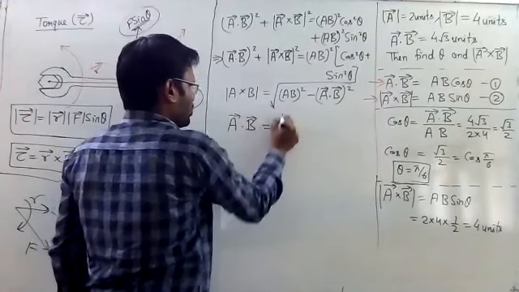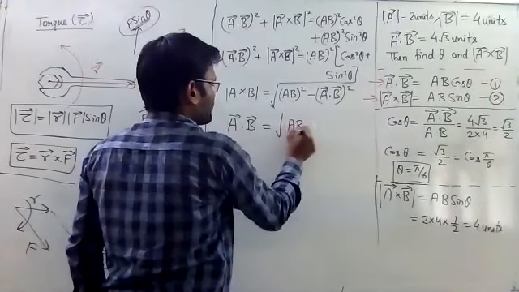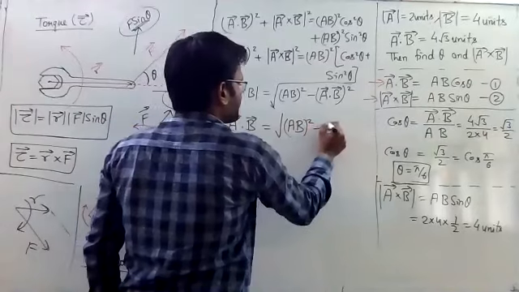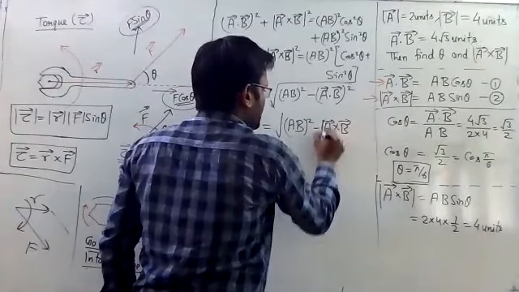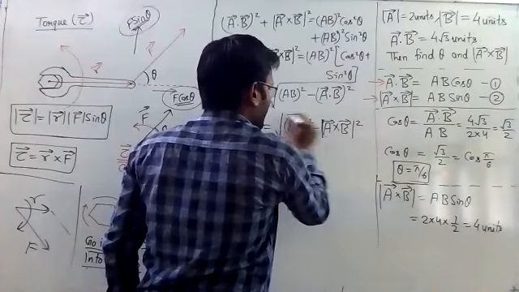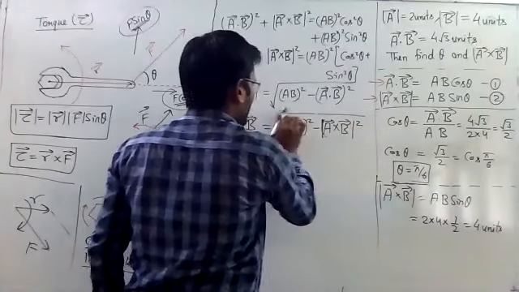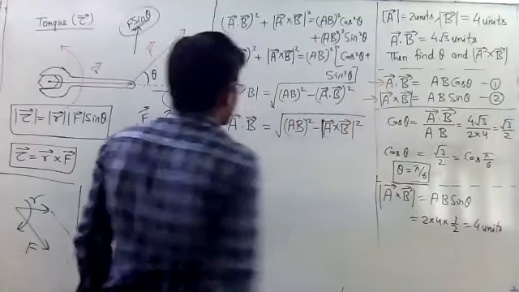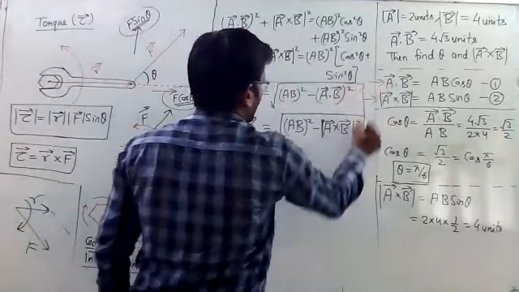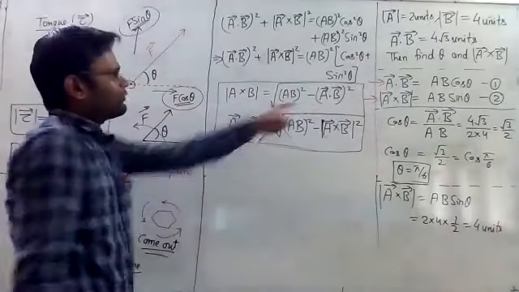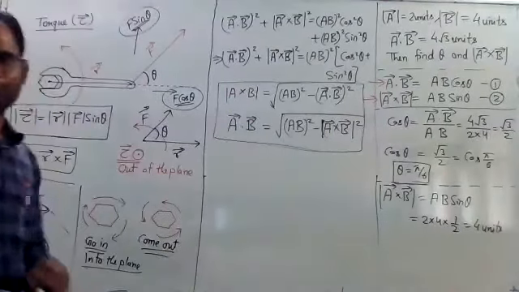A dot B is equal to root of AB square minus (A cross B) magnitude square. So these are the two formulas we can have to calculate the value of A cross B and A dot B directly if the other alternative is given to you.